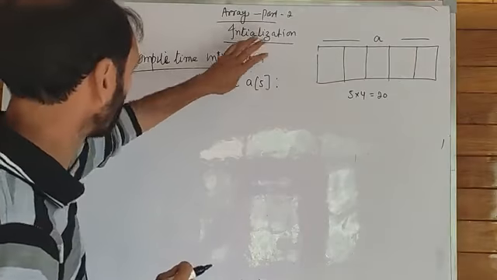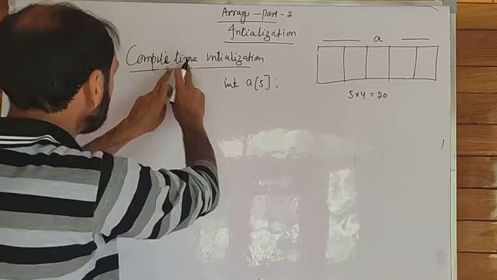So there are two ways by which we can initialize an array. First is the compile time initialization.